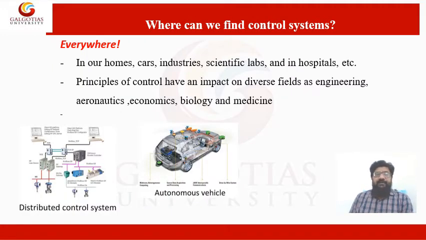So where can we find control systems? Basically control systems are everywhere. For example, in home heating systems, in hospitals, in automatic cars. The principles of control have an impact in many fields of engineering, aeronautics, space vehicles, even economics, biology, and medicine. For example, in a home heating system, the input is the resistance coil which heats up, and the output is the temperature sensing instrument which gives us the output of the home.